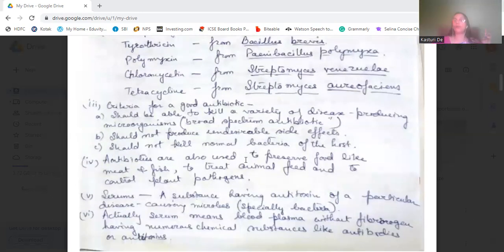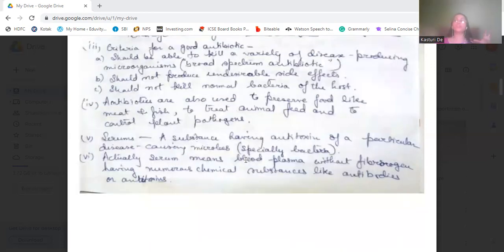So we have found four uses. One is as medicines for killing or stopping the growth of disease-producing organisms. Then preserving food, then treating animal feed, and controlling plant pathogens. Four uses.